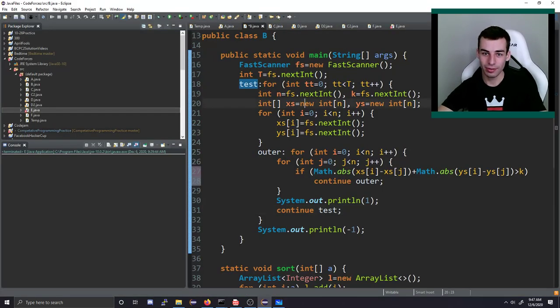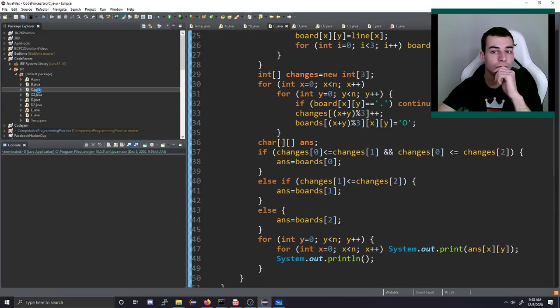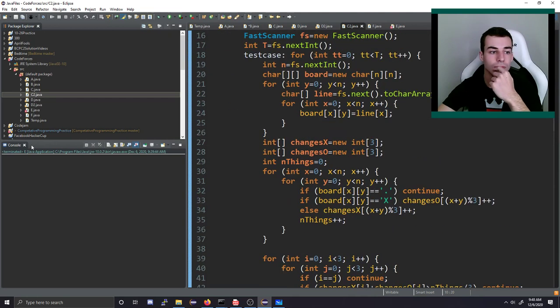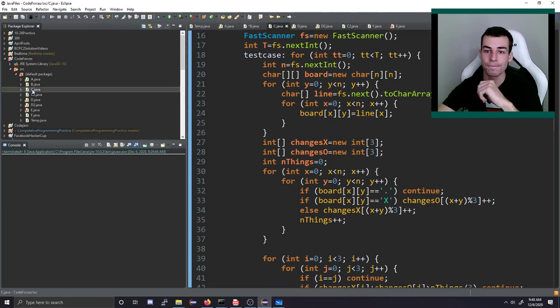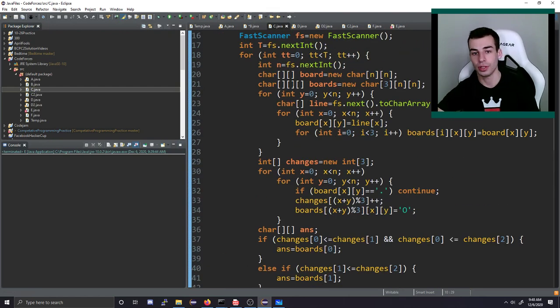What does the code look like for this? So for C1, here's what it looks like. I have the board, and then I have these 3 boards.